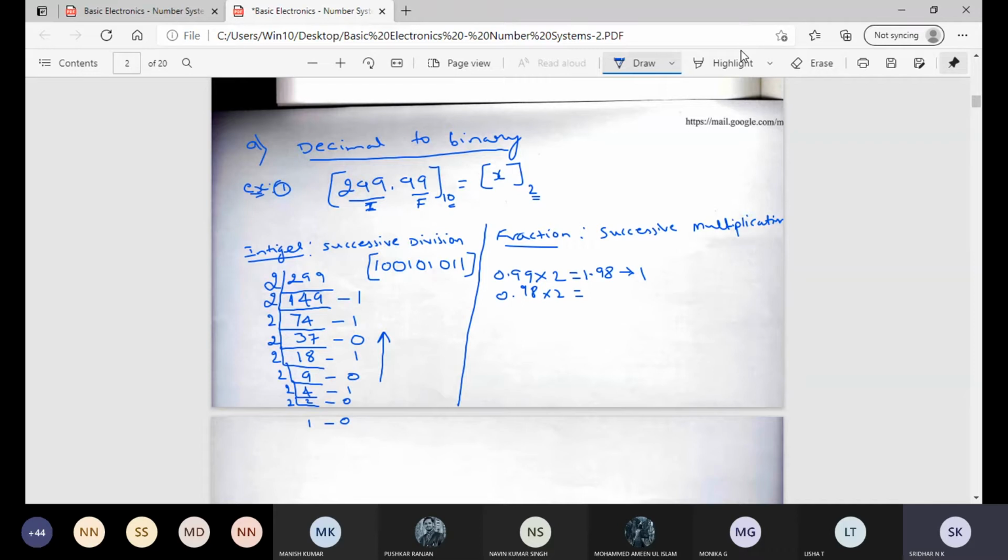What will be the answer? 0.98 into 2 is 1.96. Again, note down the integer part, and the fraction part is moved to the next iteration. So 0.96 into 2. What will be the answer? 1.92.